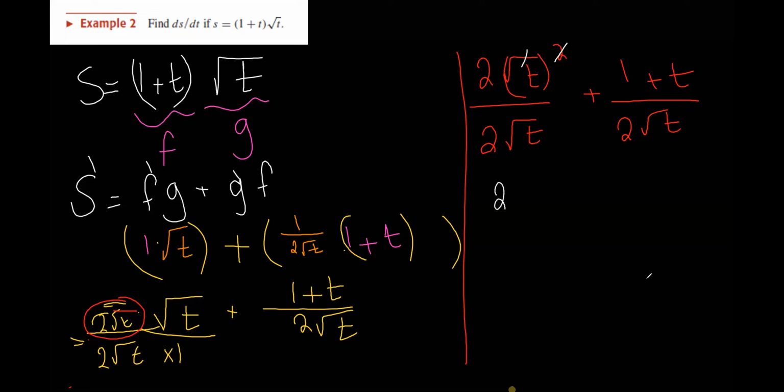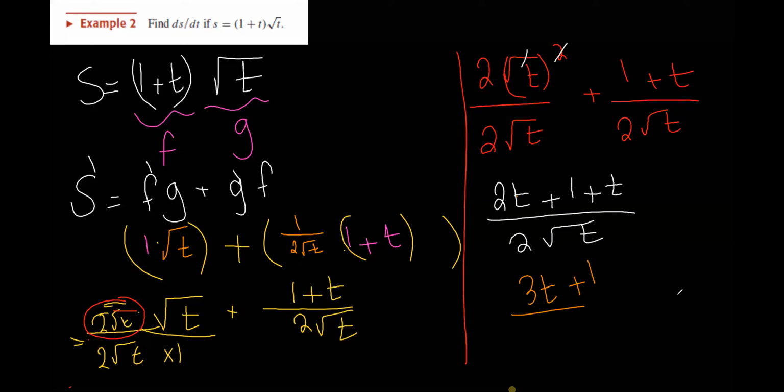So it has to be 2t plus 1 plus t over 2 square root of t. Then 2t plus t is 3t. So I can say it's 3t plus 1 over 2 square root of t. This is the final answer if you want to continue and simplify it.